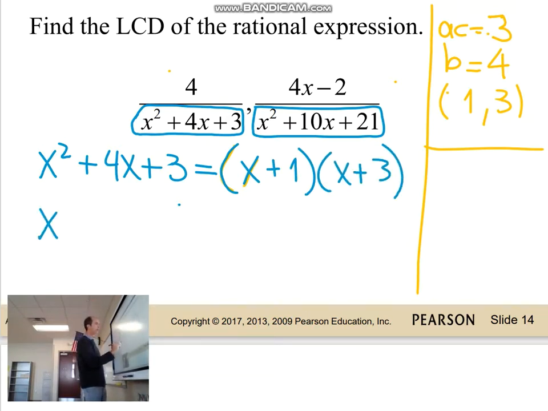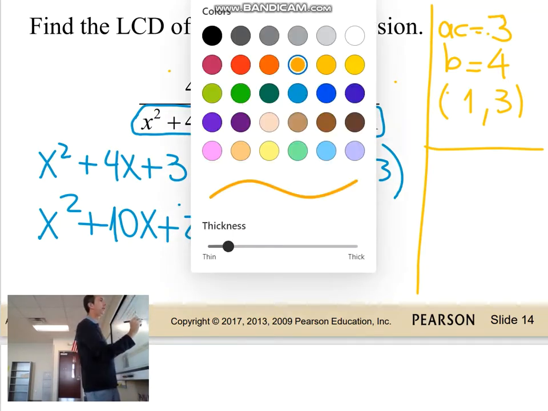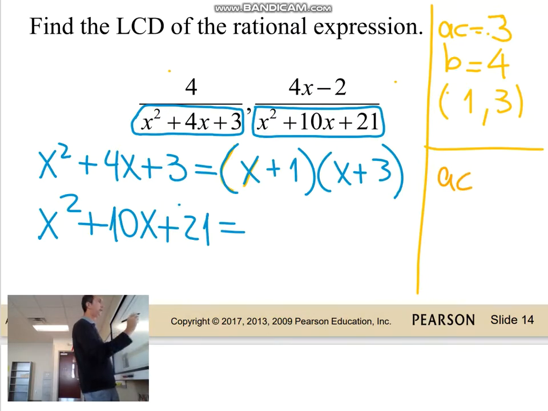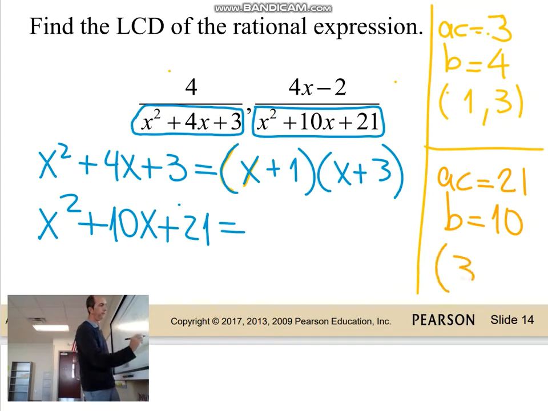Cool. Now the other denominator that we have here, x squared plus 10x plus 21. We need to apply the AC method again, with a couple of numbers whose product is 1 times 21, 21, and whose sum is 10. The answer is going to be 3 and 7. I probably know the answer beforehand, and I find it quickly.